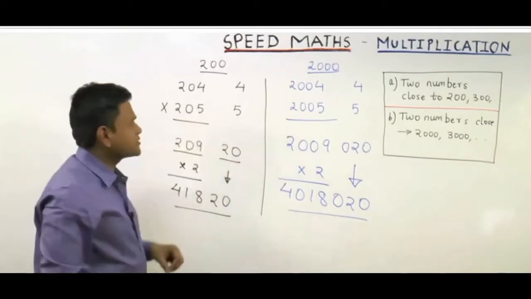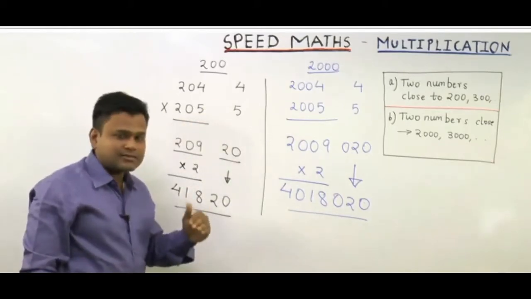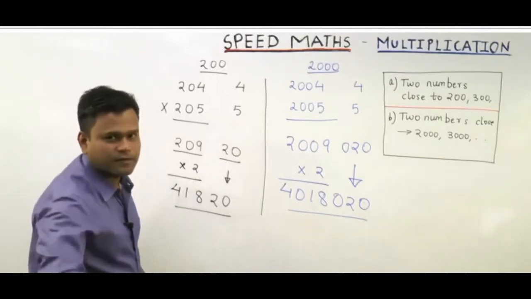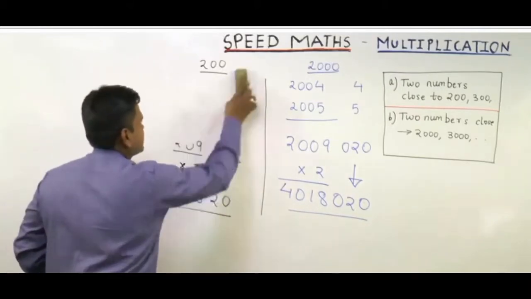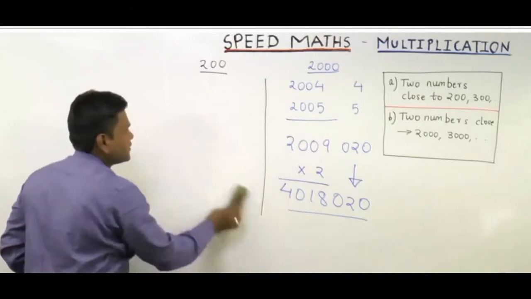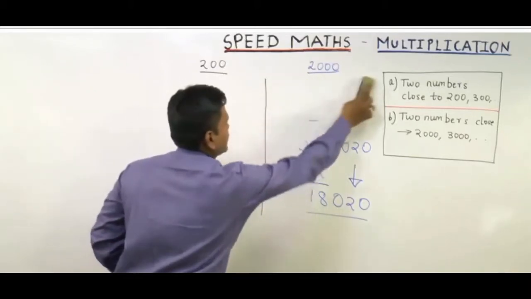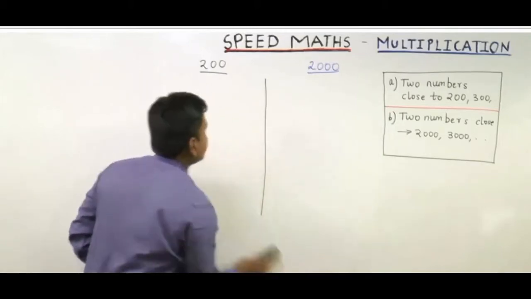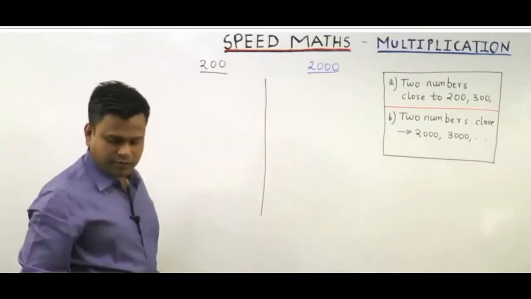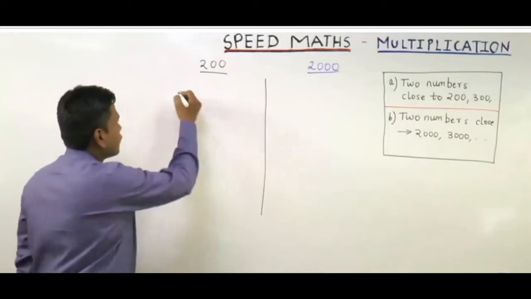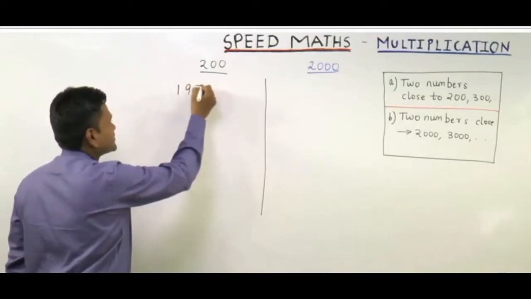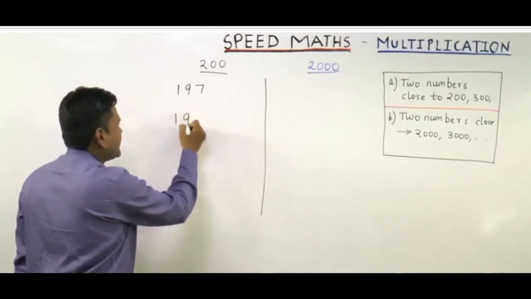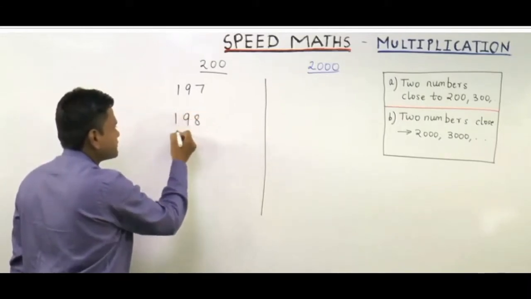Let's take maybe another example when the numbers are less than 200 or less than 2000. In the same way, this is what we have. An example. We'll take equivalent examples for both the cases. Let's take this one. You have 197, and this number is 198.